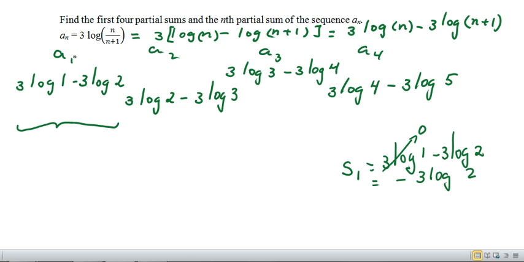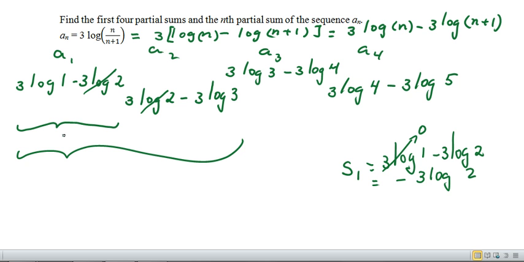So then when we have our S sub 2, we will be adding to A sub 1 3 log 2 minus 3 log 3. That means that the 3 log 2's will neutralize each other.